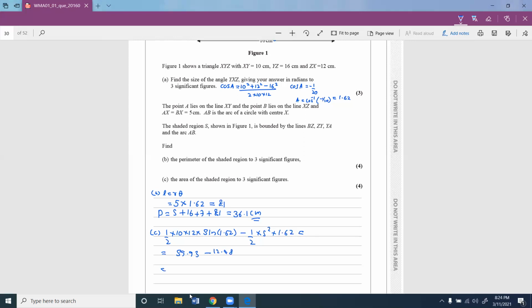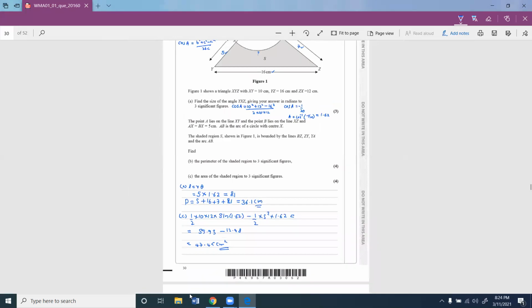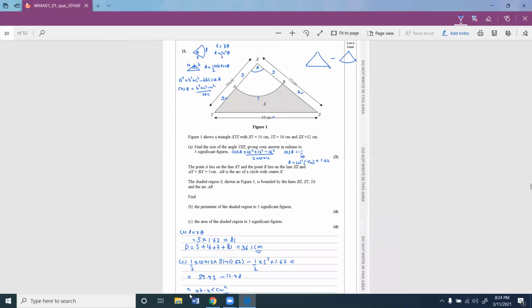Then you get the final answer, 59.93 minus 12.48. That is 47.45 square centimeters. That would be the area of this shaded region. That's the way of getting this answer.